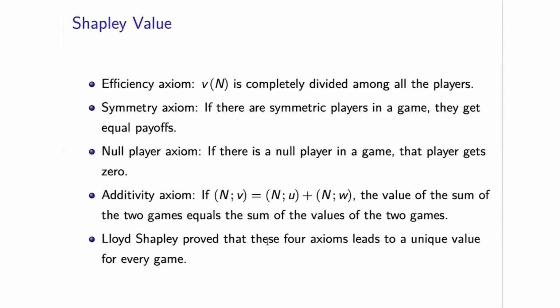We have the null player axiom, which says that if there is a null player in the game, in the sense that it does not contribute to any coalition of which it is a part, then that player should get 0. And finally, we have the additivity axiom, which says that if you have a game and you have decomposed it into two games, then the value of the sum of these two games has to equal the sum of the values of the original game, right?